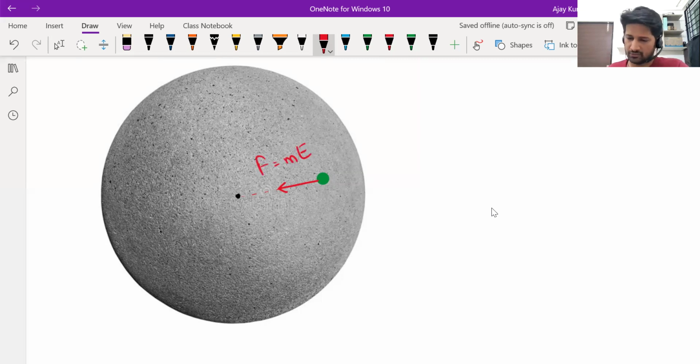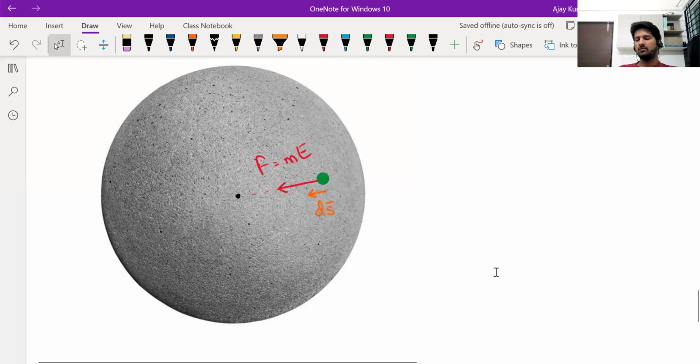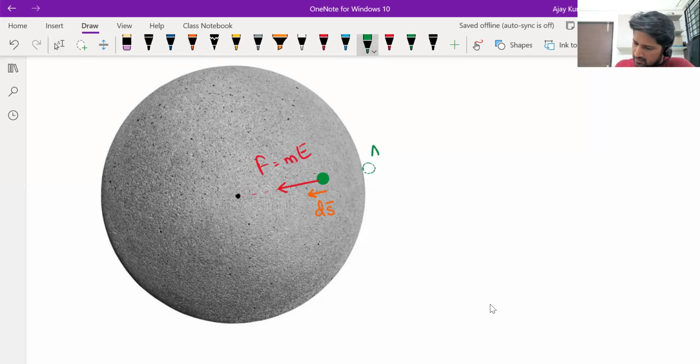So that's the direction of the force. And we know the direction of displacement is also towards the center only, no? From the surface, we are bringing it in. So displacement ds is also towards the center itself. Therefore, what's the angle between force and displacement? 0 degrees. As it is being taken from the initial position A to some final position B here, at any instant, the force and displacement will be in the same direction.